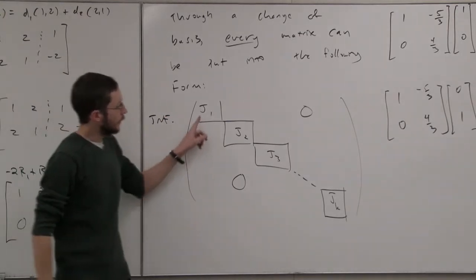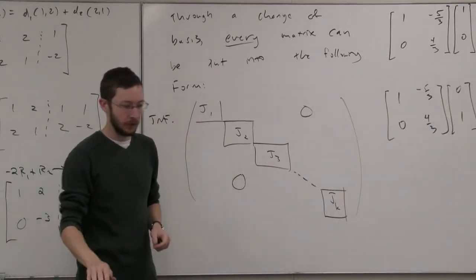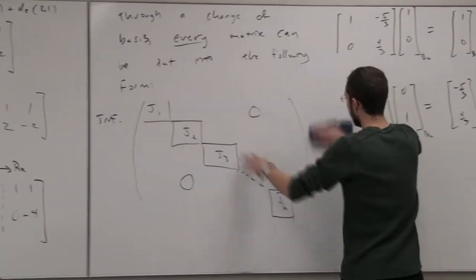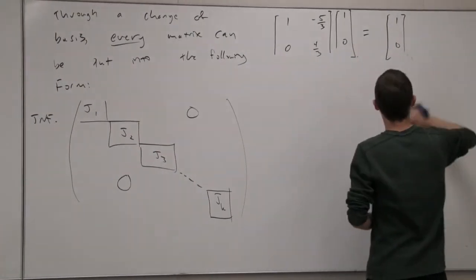And the structure of these Jordan blocks is very, very specific and very special. Each of those J's is what's called a Jordan block.